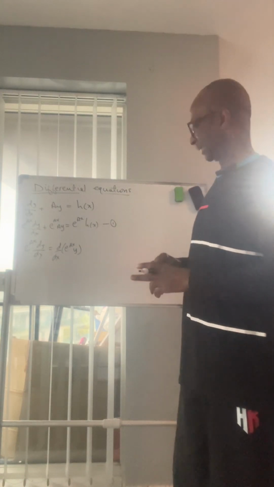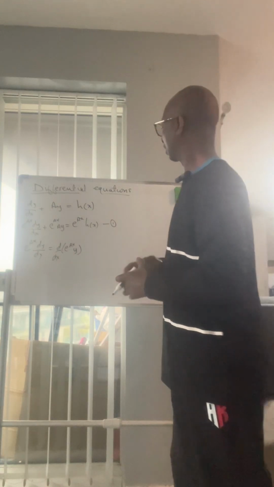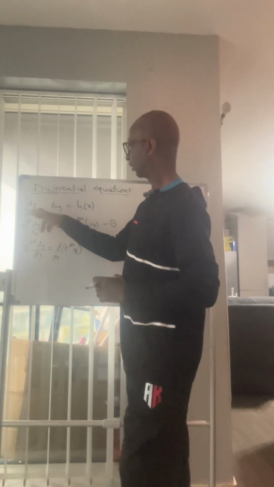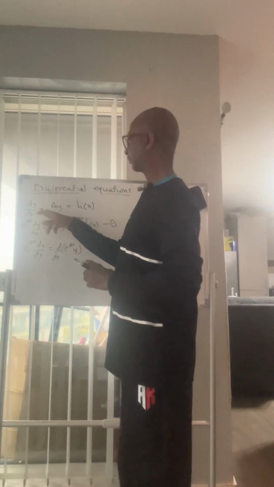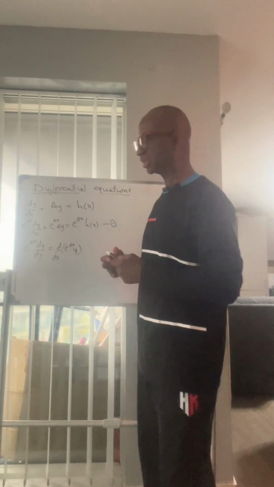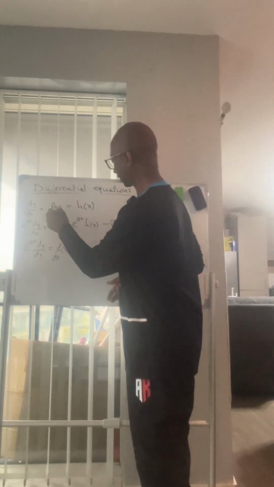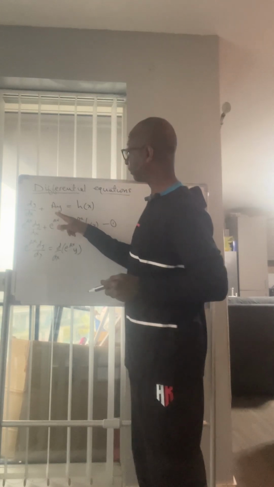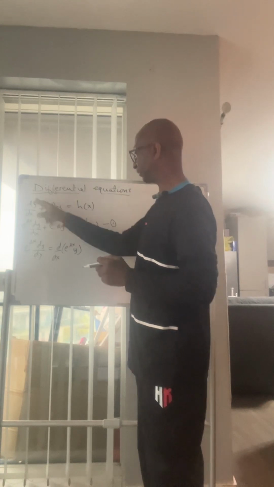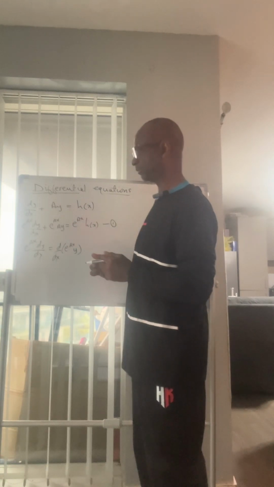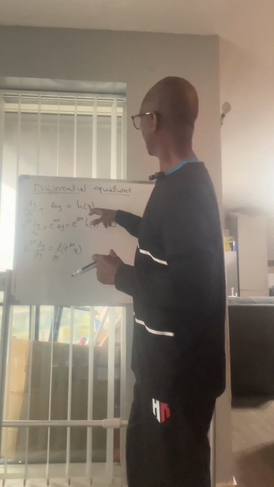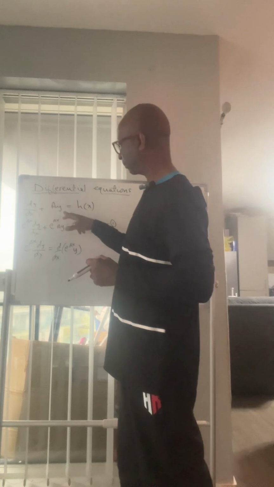We are looking for a mathematical technique that will allow us to solve this differential equation, this non-homogeneous first order differential equation, which we also call a constant coefficient differential equation. x here is the independent variable. y here is the dependent variable.